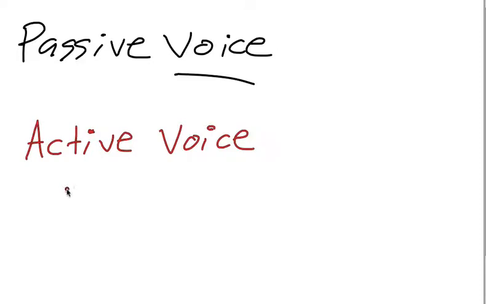Active voice means that the subject is performing the action of a verb. Let me give you a sentence with an active voice verb. The poet tells the story.